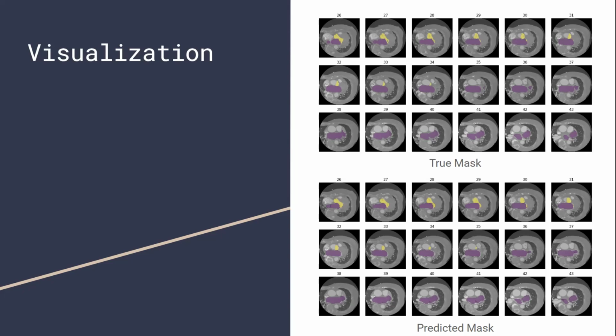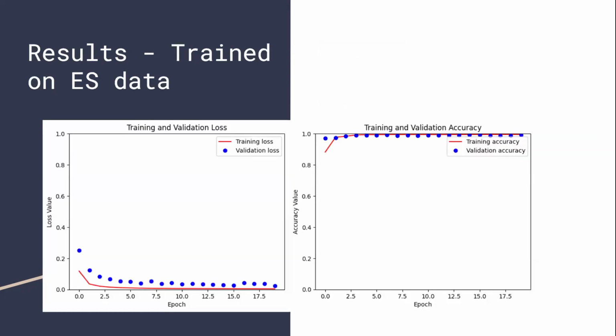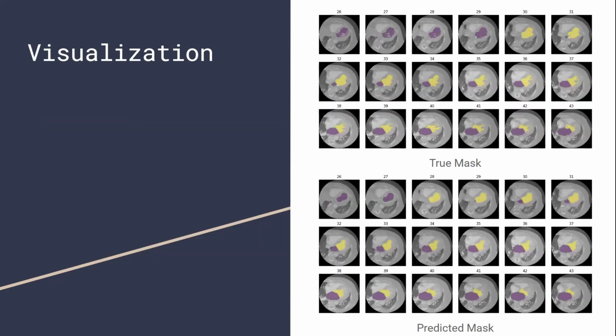This is tested on the end systole data. We trained on the end diastole data and then validated on systole data, and it did a pretty good job identifying everything. The same goes for training on the end systole data, and the visualization is pretty good.